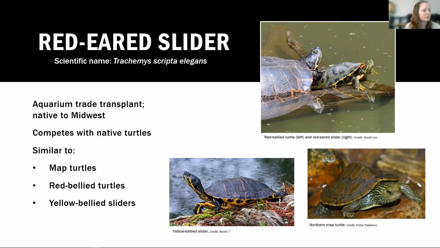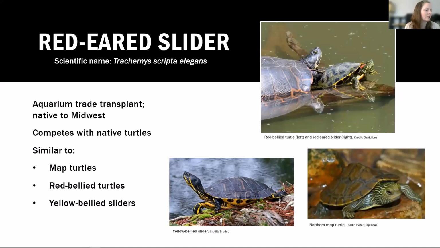The map turtle in the far right corner of the slide does have a different pattern on its head and limbs. If you look closely, the lines on its head look somewhat similar to topo lines on a map.